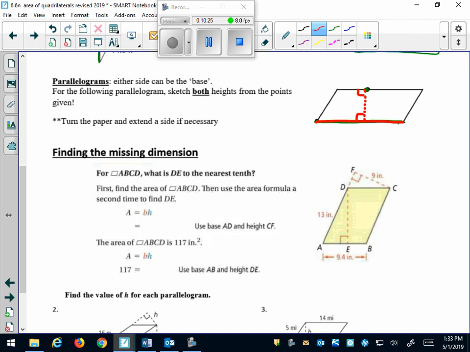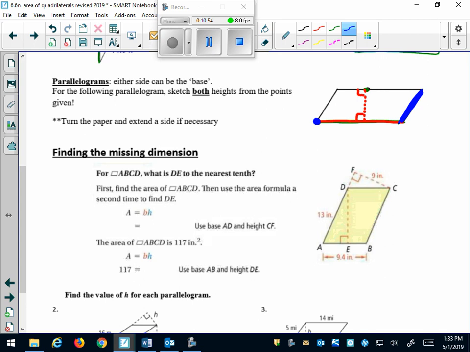Now, if I highlight this one as the base, now I want to use that side. Remember, B is always the length of one of the sides. So now I want to use that blue one as my base. What I want you to do is start at this point and draw a height from that point perpendicular to that base.